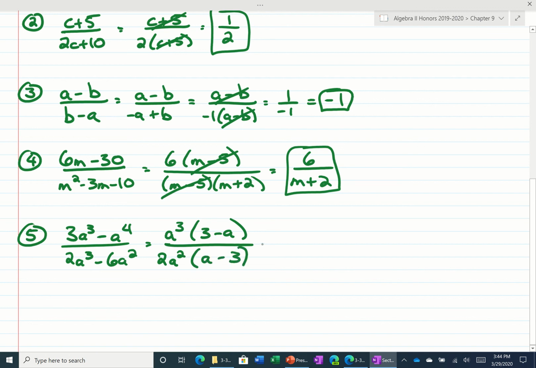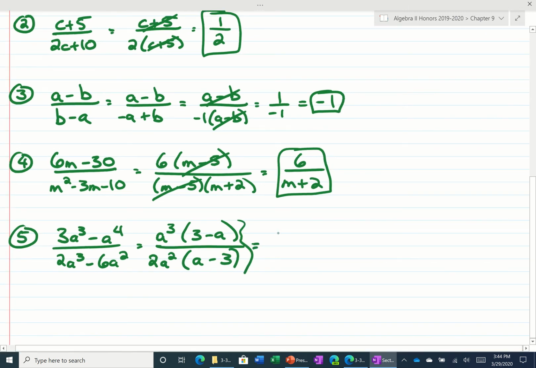And remember what we said before. These are very similar. If we rearrange them, you could see we could take out a factor of -1 on top.